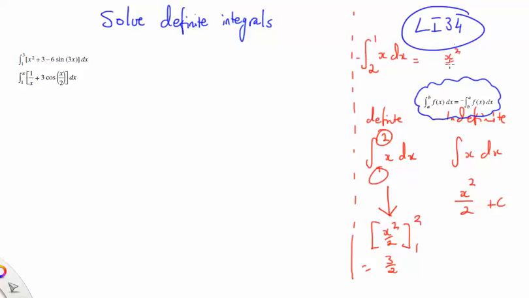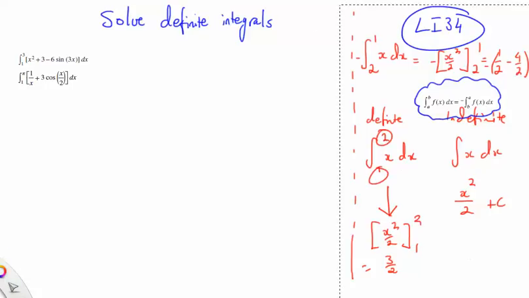Equals x squared on 2 with a negative out the front, 1, 2, equals a half minus 4 on 2. Well, a half minus 4 on 2 is negative 3 on 2. Negative 3 on 2 times minus 1 is 3 on 2. So flip the signs, flip the terminals. We should know these things. I'm hoping we've got those down. That should be a reminder.